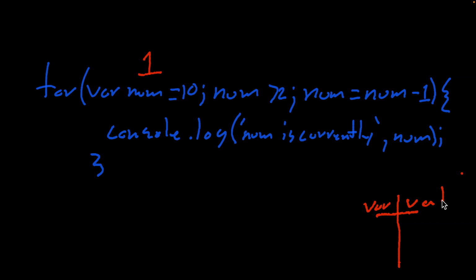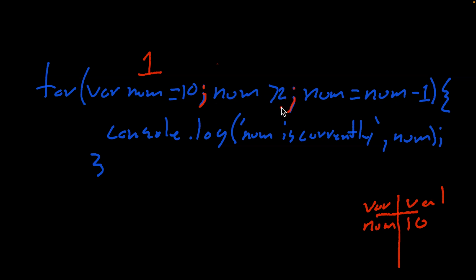Okay. So we have var num, and it's going to equal 10. Okay, so we've gotten this far. Now we have a semicolon here. So the next section that we read is going to be the section after this semicolon. Now we say num greater than 2.